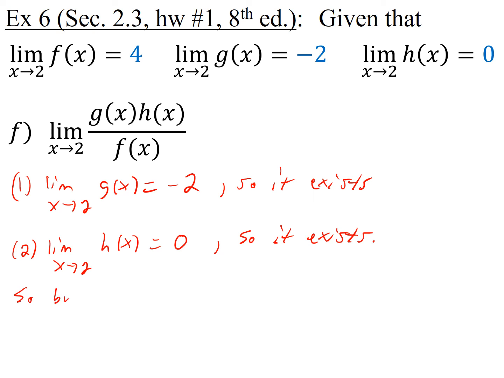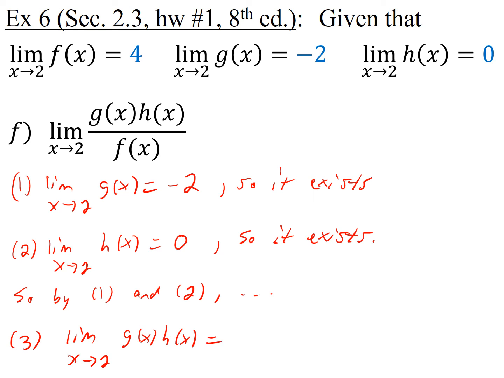So by 1 and 2, we're going to have 3. The limit as x goes to 2 of g times h. Again, since each one exists, we can use the multiplication limit law and just do the limit of each one separately. Limit as x goes to 2 of g times limit as x goes to 2 of h.